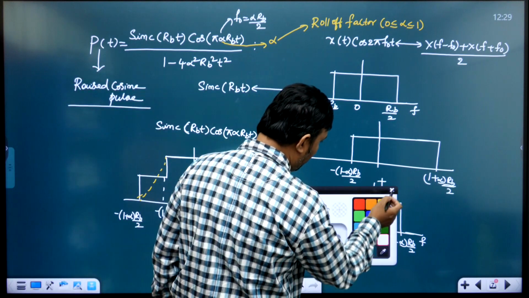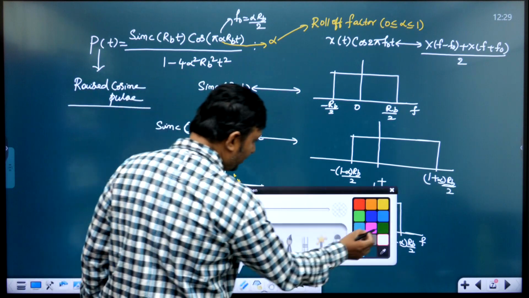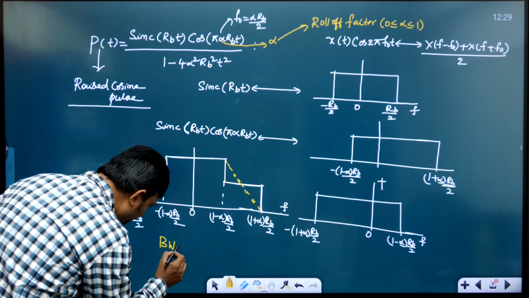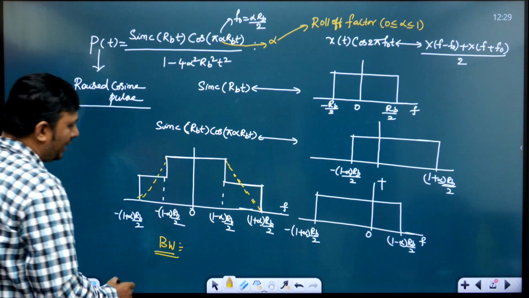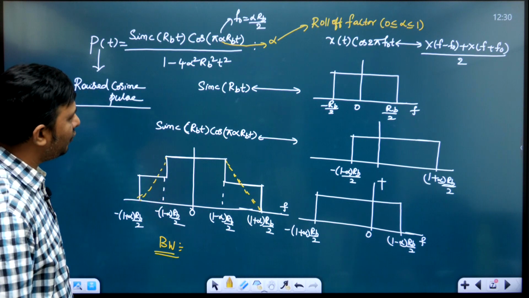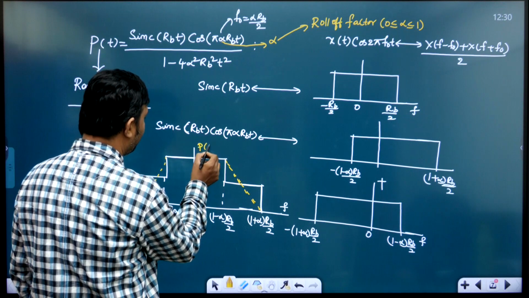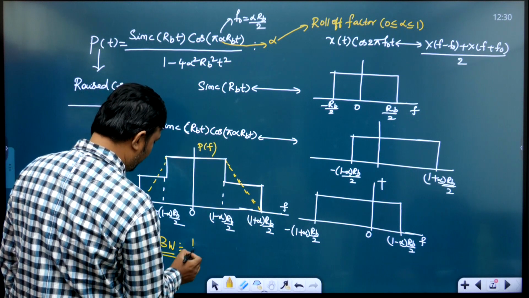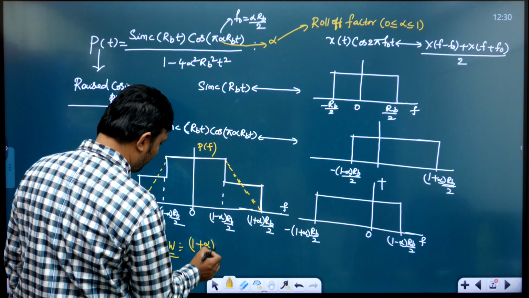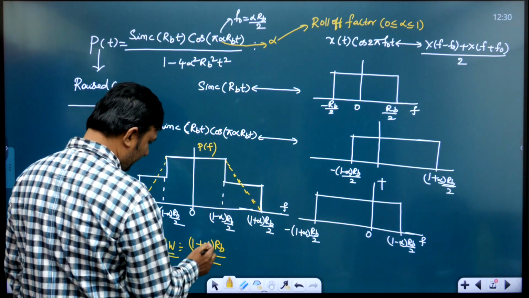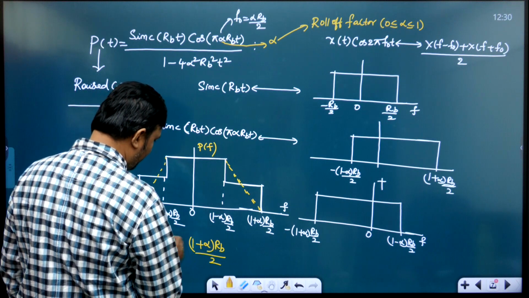the bandwidth now. So what is the bandwidth? Bandwidth is the difference between the highest frequency component and the lowest frequency component for positive frequencies. So this is P of f. The highest frequency component is 1 plus alpha into RB by 2, and the lowest frequency is 0, so the bandwidth is 1 plus alpha into RB by 2.